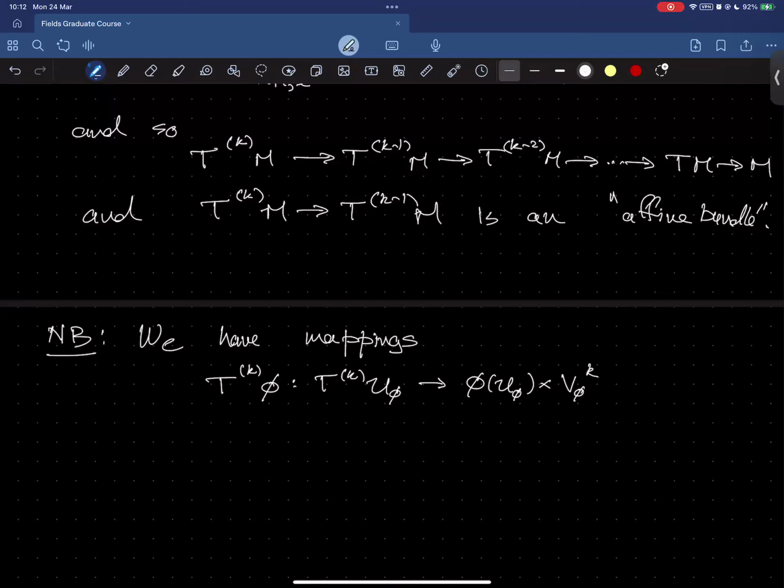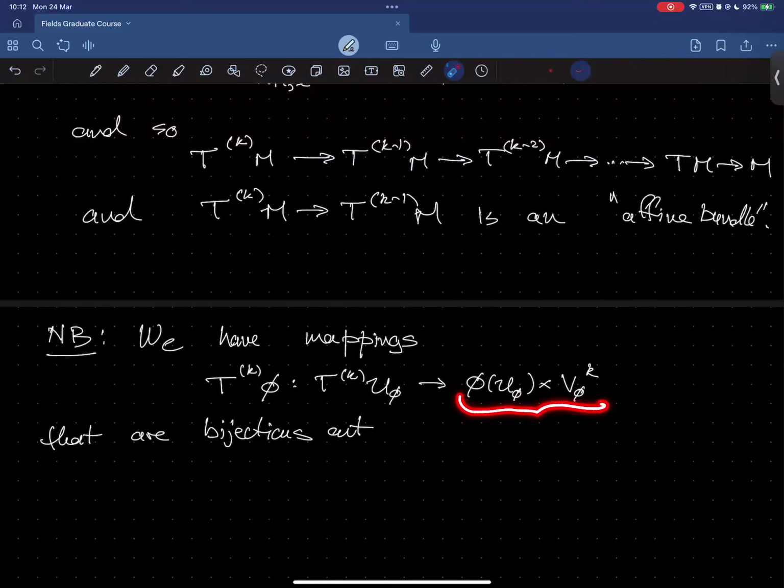Okay, so we have mappings whose codomain, and it's more than that, are bijections onto local vector bundles, right? So this thing here is a local vector bundle. So it's an open subset of a vector bundle cross a vector space, okay?